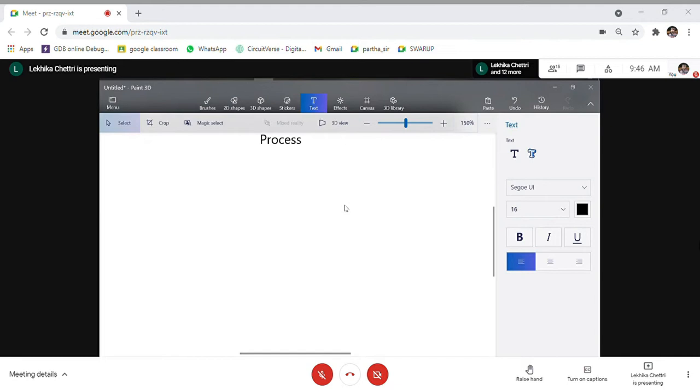Listen to this statement carefully and remember it. In main memory we can have more than one process at a time, but in one processor we can have only one process at a time.